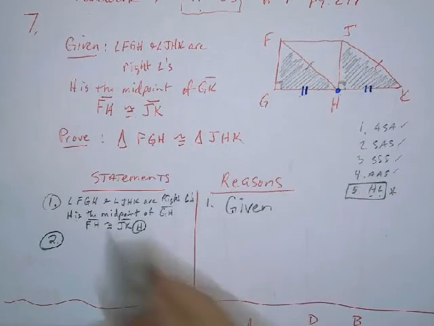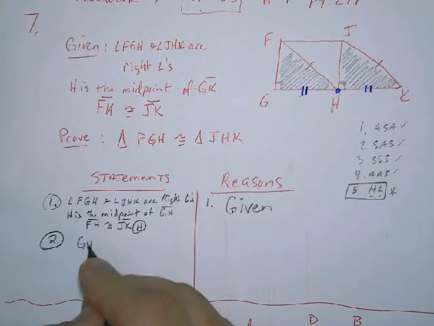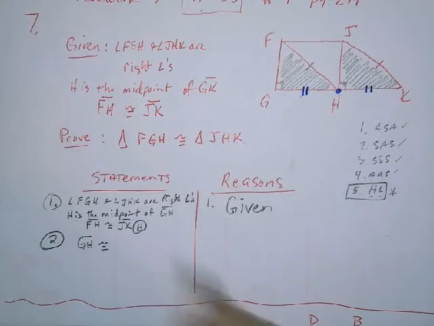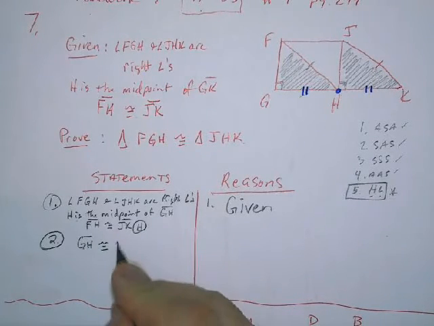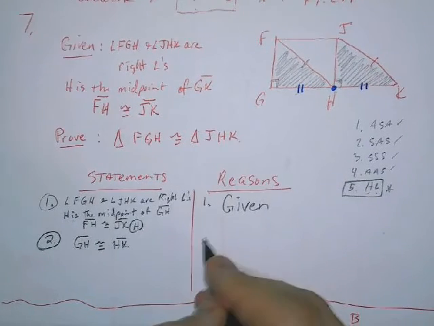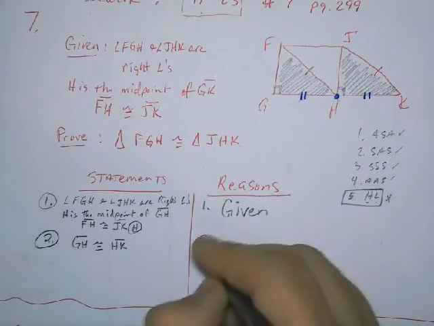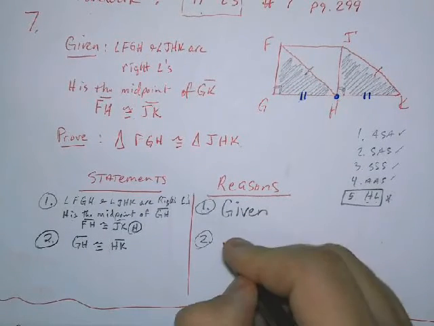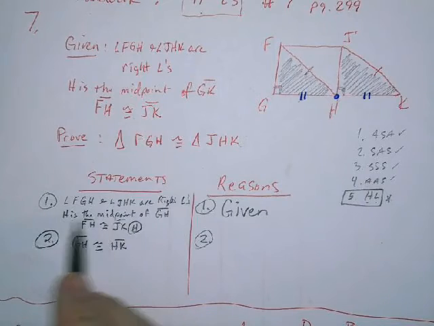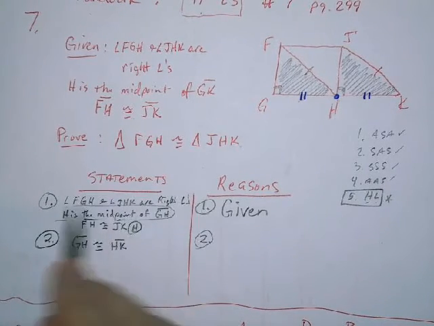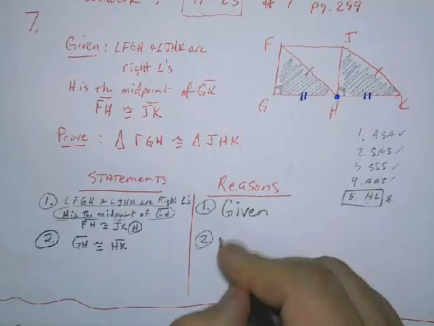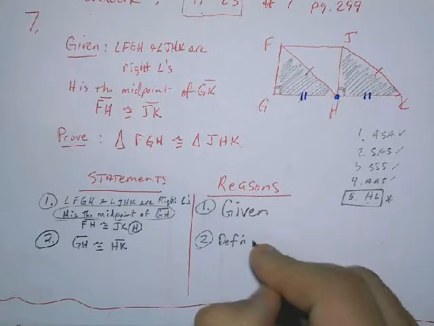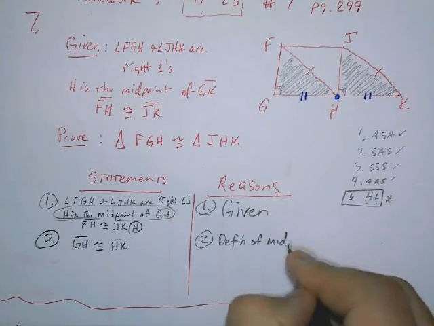We got to say that GH is congruent to HK. And as I've hopefully instructed you consistently, anytime you can look right over here and it uses the word midpoint, we're going to go definition of midpoint.